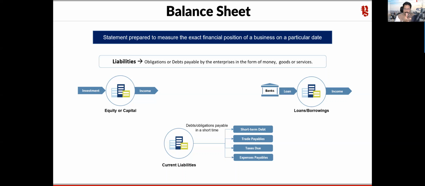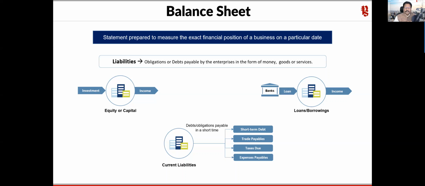Like I said, capital is the last obligation you need to pay. Long term liabilities are the next obligation the company needs to clear off. And current liability is the most critical one, where the most important care needs to be taken so that you are able to meet this commitment within the prescribed time.